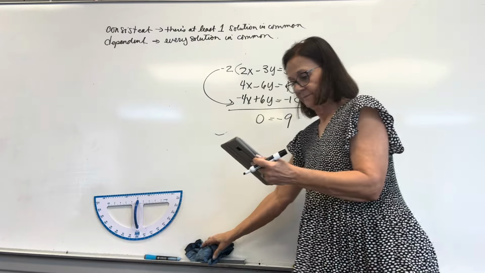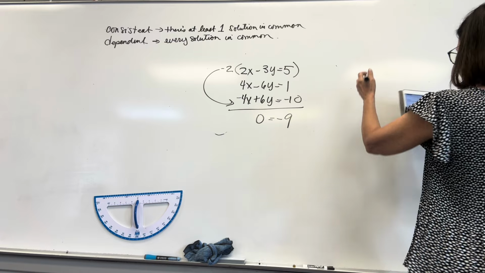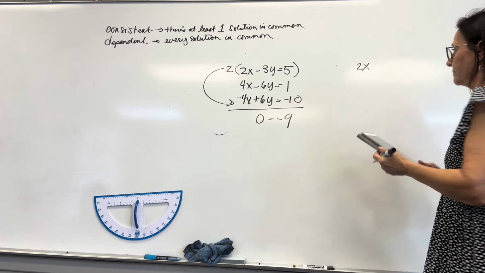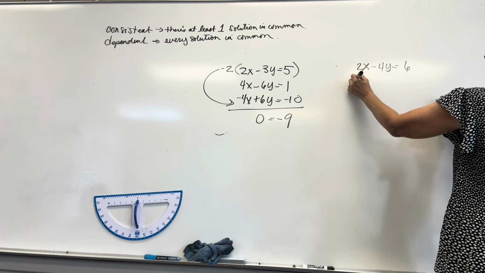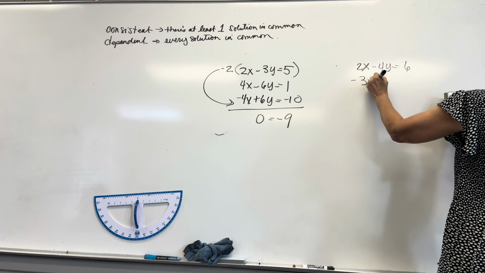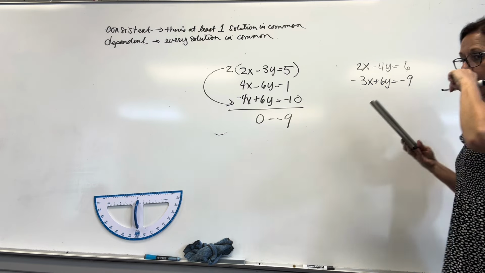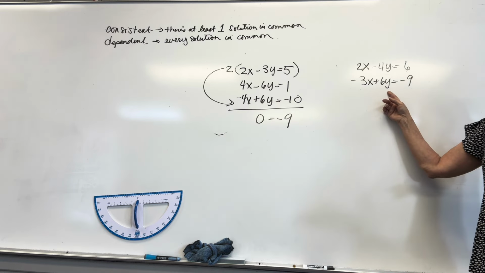All right. Now, look at the next one. 2x minus 4y equals 6. Negative 3x plus 6y is negative 9. We want to use, Beckett, do you want to use substitution or elimination?